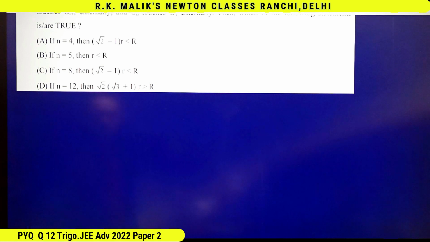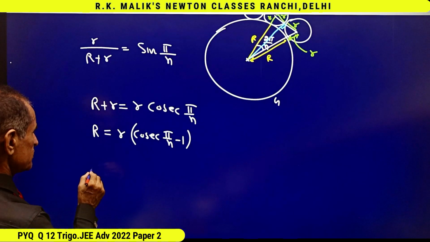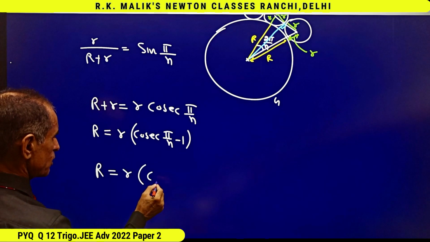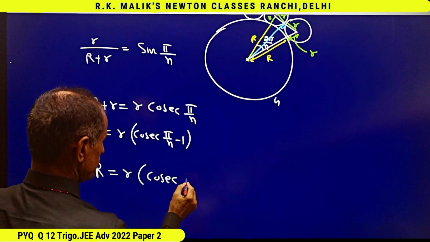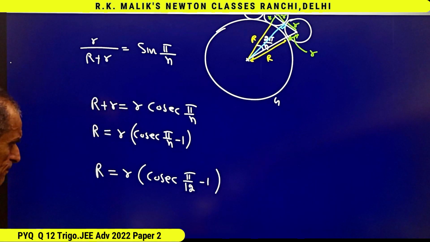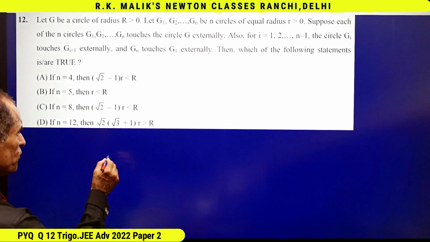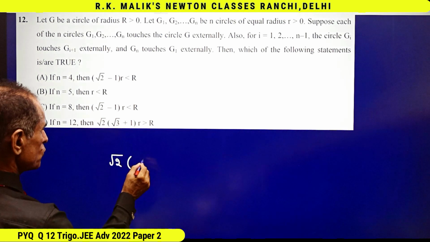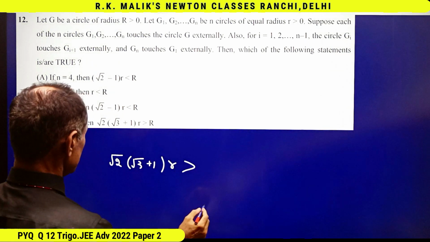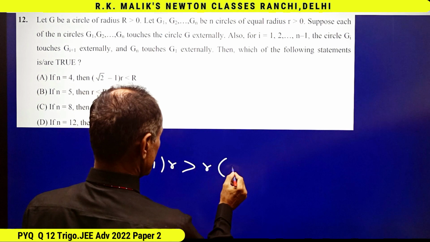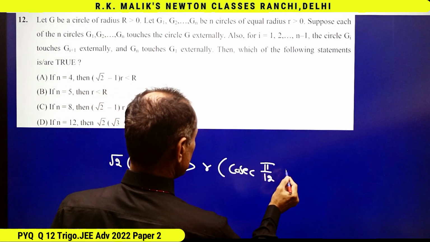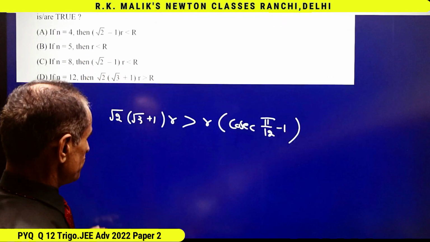Similarly, to check choice D, it is clear that the value of capital R will be r into cosec pi by 12 minus 1. And this will become correct if root 2 into root 3 plus 1 into small r is greater than r into cosec pi by 12 minus 1.